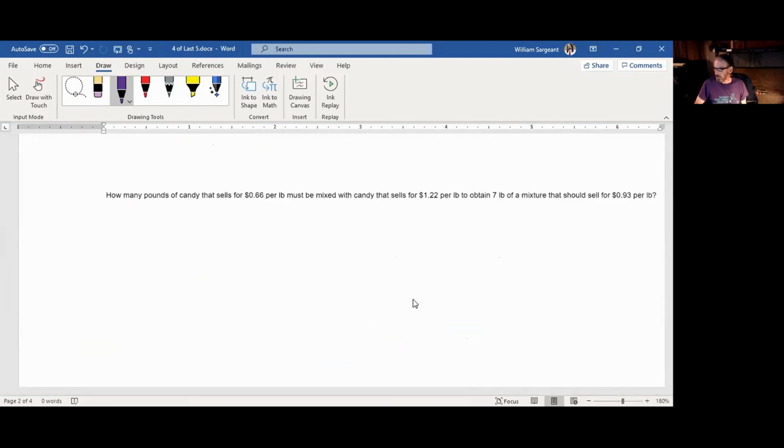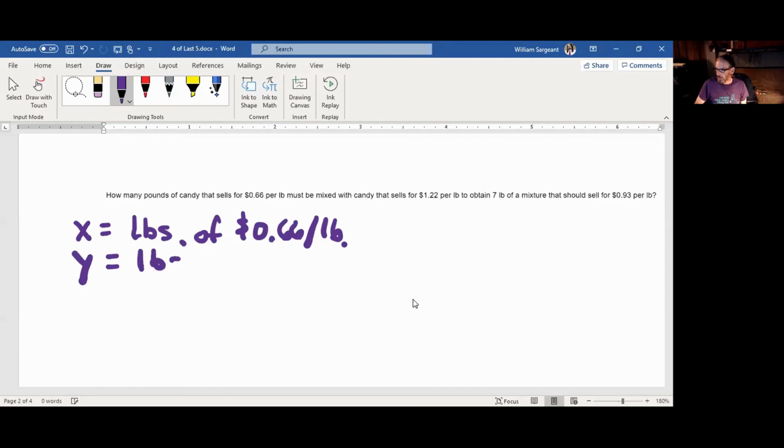Let's call X the number of pounds of the 66-cent candy. And Y, the number of pounds of the $1.22 candy.